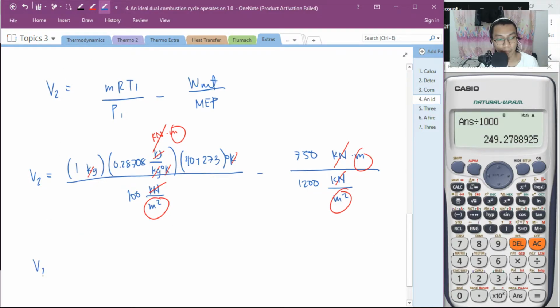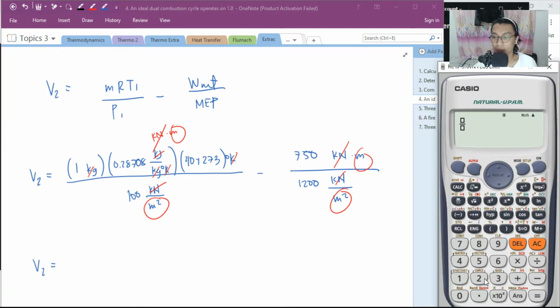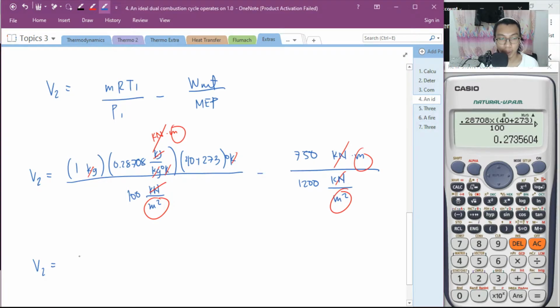So, V2 is equal to 0.28708 times 40 plus 273 divided by 100 minus 750 divided by 1,200. Okay. That will be V2 in cubic meter.